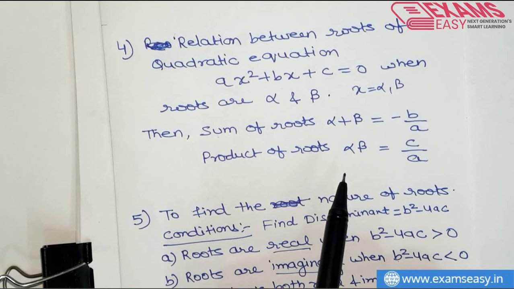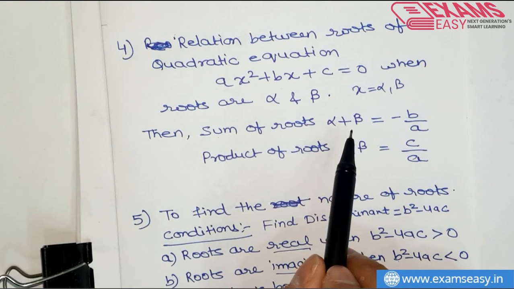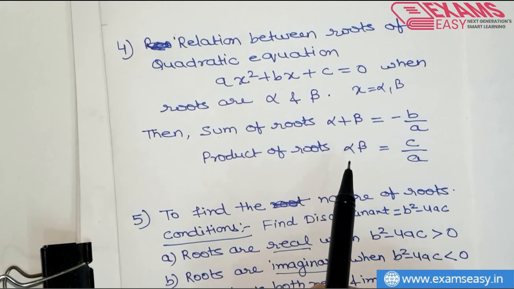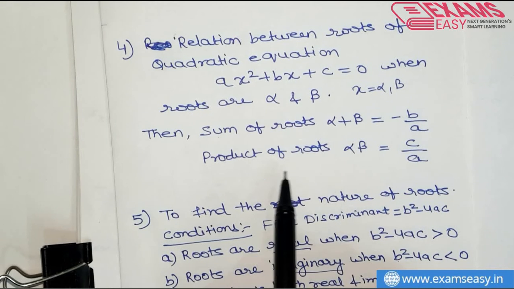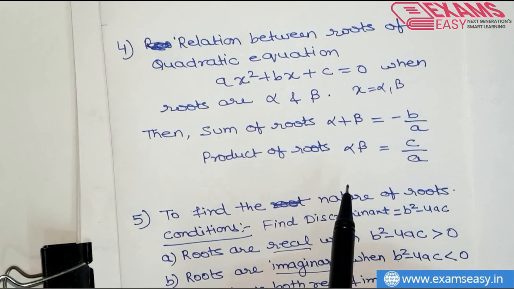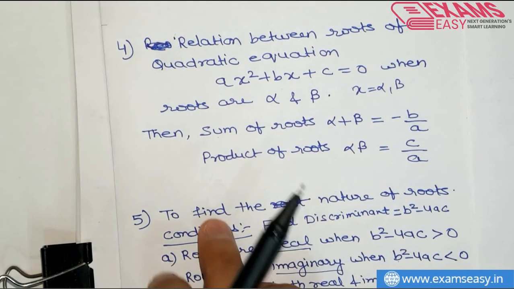In problems where you have been given the sum of the roots as 6 and the product of the roots as 4, you can calculate the quadratic equation. So this will be the reverse process.